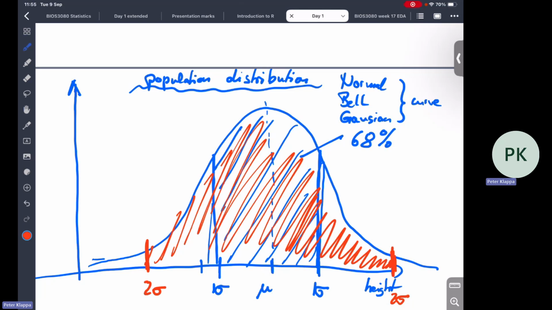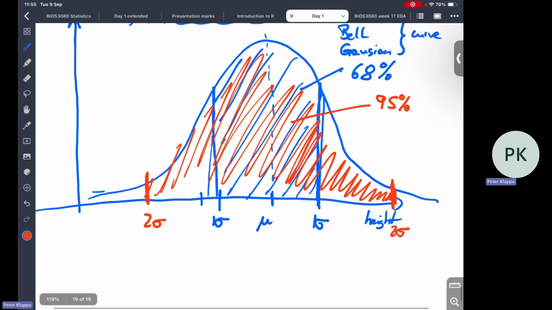We've got this red area. And in this red area, we have roughly 95% of people. As I said, height, weight, all these things. We can even go further.